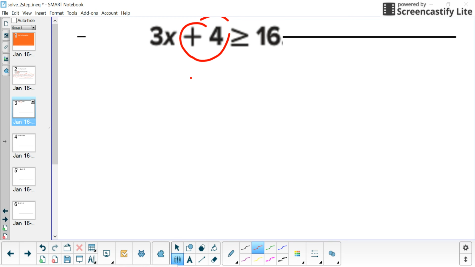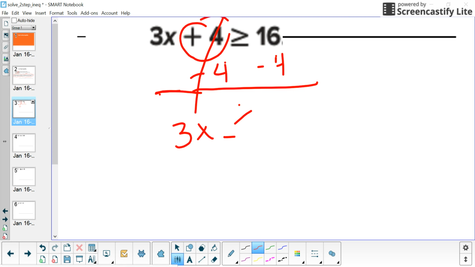We're going to do the opposite, which would be to minus 4 on both sides of the inequality. The 4's are going to cancel out. And then we are left with 3x on the left is greater than or equal to 16 minus 4, which gets you 12. At this step, we have 3x is greater than or equal to 12.